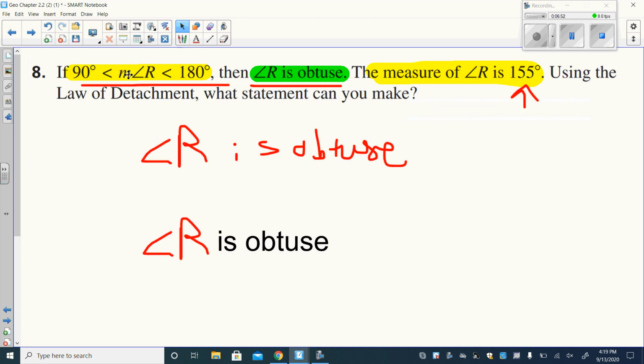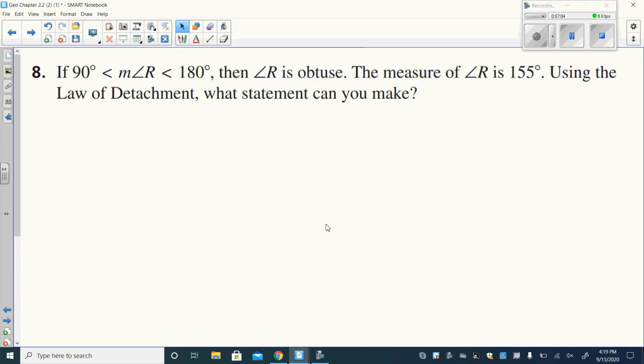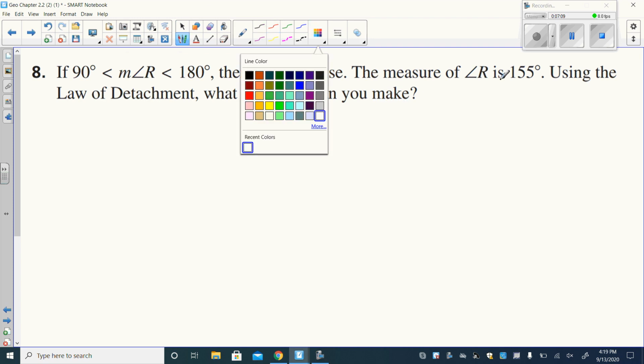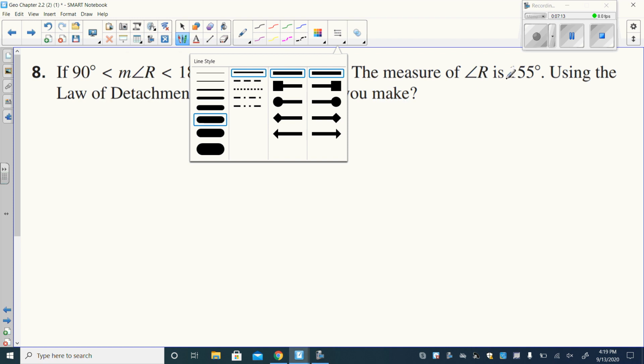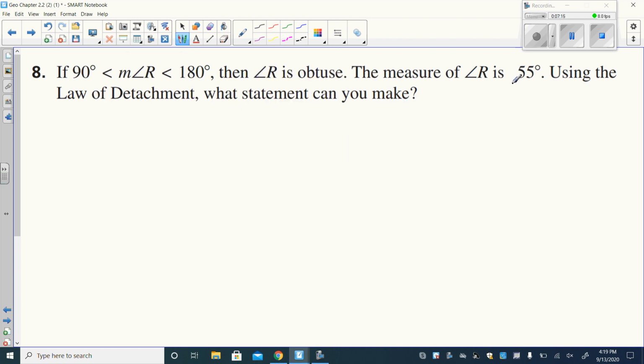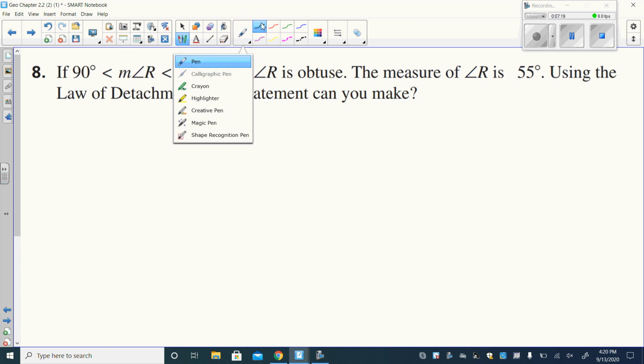Now, if the hypothesis is false, if something talks about here it's false, then we can't say anything. Then it's just not possible. Because if it had said, let's see here, let's figure all this out. So let's say it told us this here.